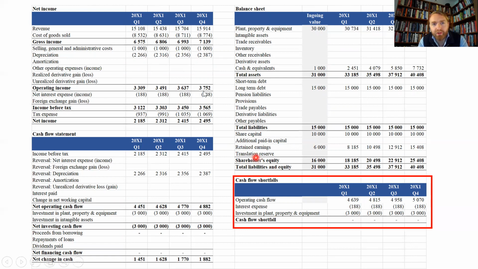But as soon as we start simulating, all these numbers will move around and be recalculated according to this variability in performance, and there will be scenarios in which there is a cash flow shortfall registered. So we can designate that as a risk output using the menu in @risk, and analyze the funding risk here.